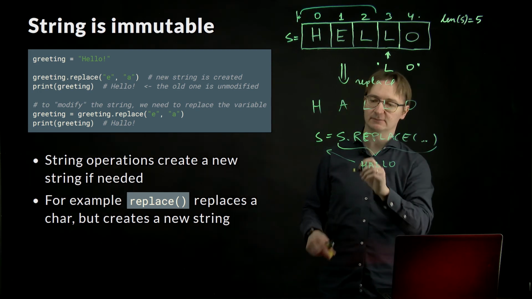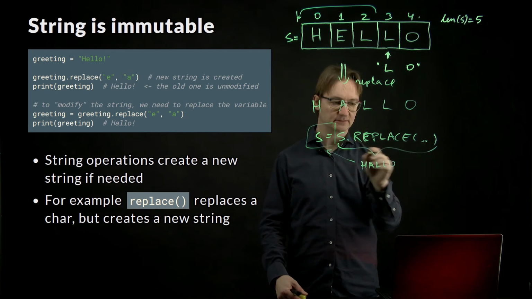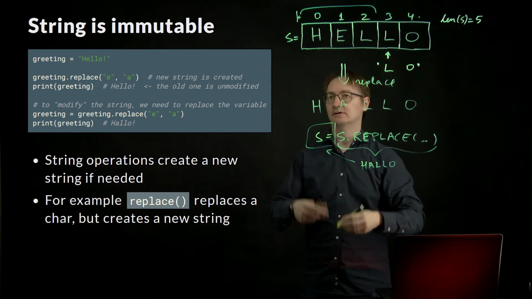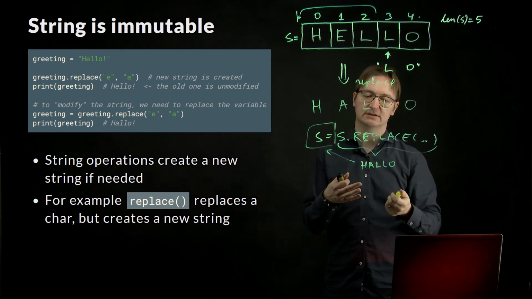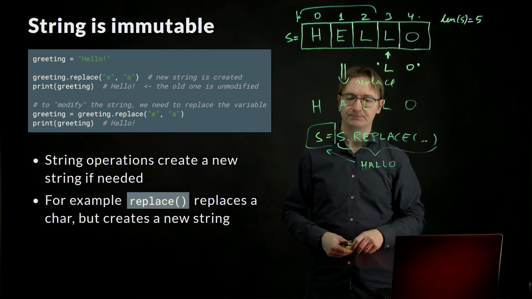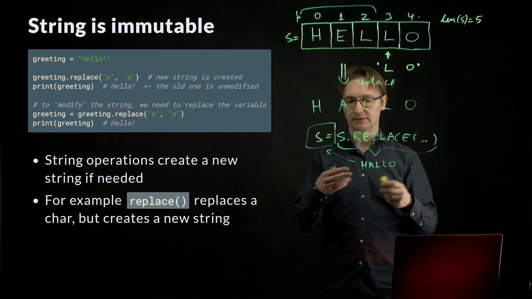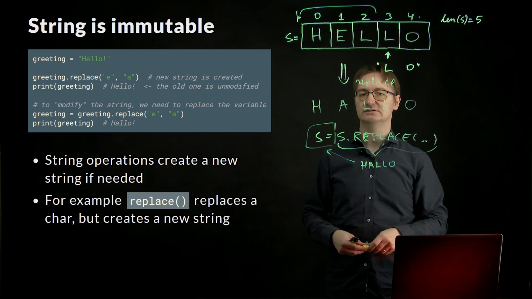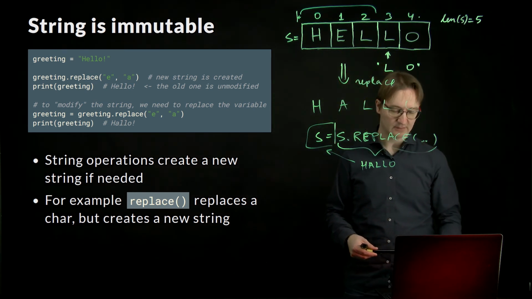But without this operation, this itself doesn't change the value of s. So this is something to be noted. There are other data types which are immutable, and we'll talk about those later. But string is one of the data types which is immutable, and this is something you have to take into account when you are programming.